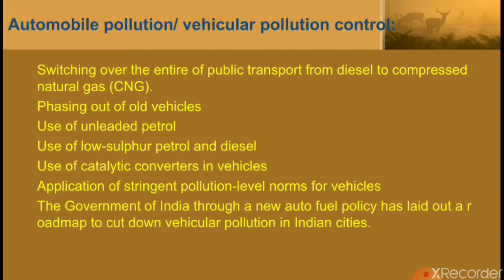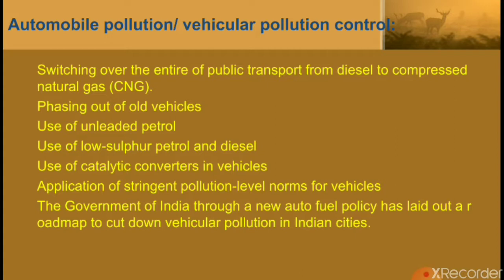For example, switching over the entire public transport from diesel to CNG, phasing out of old vehicles, use of unleaded petrol, use of low sulfur petrol and diesel, use of catalytic converters in vehicles, and application of stringent pollution level norms for vehicles.